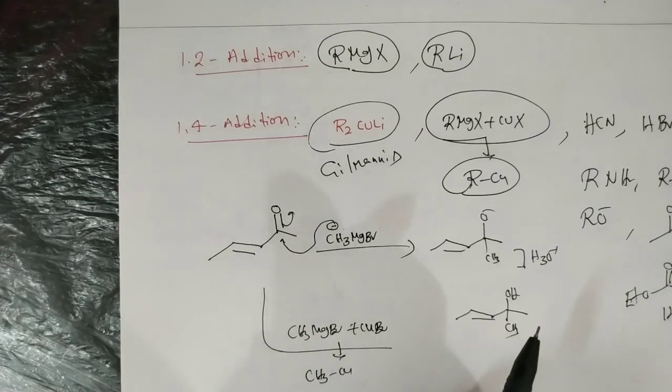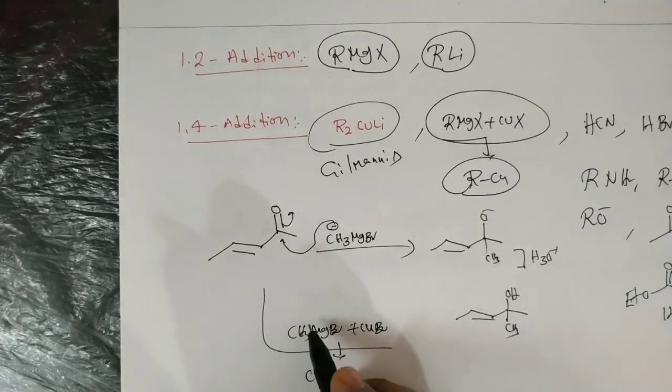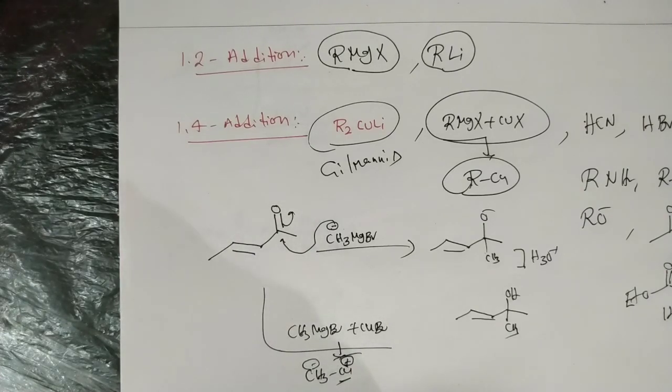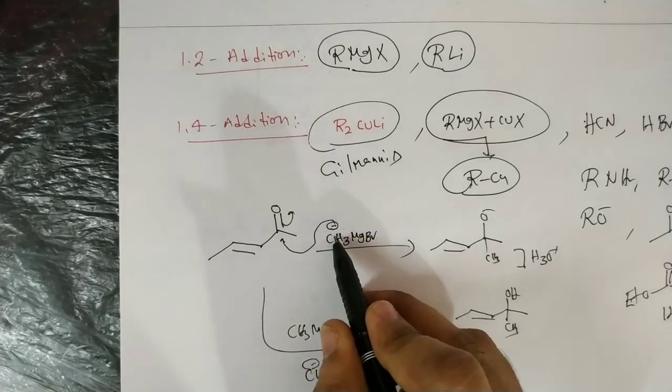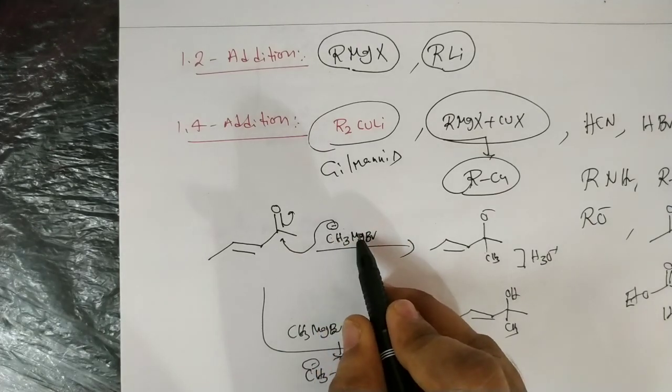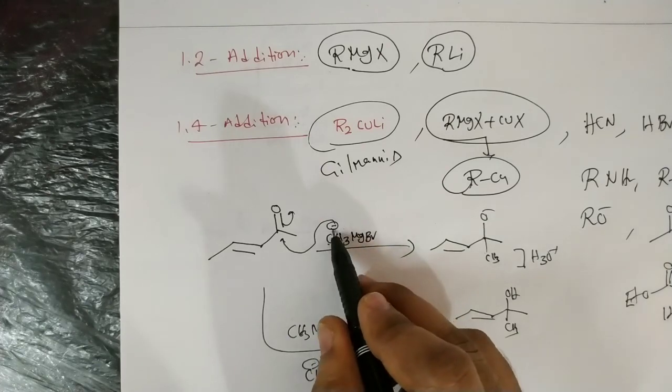Weak nucleophiles are involved in conjugate addition reactions, and strong nucleophiles are involved in 1,2 addition reactions. Here we have CH3 minus and copper positive charge. Copper is a less electropositive metal, so there is a smaller electronegativity difference, less negative charge on the carbon, so it is a weak nucleophile. But magnesium is more electropositive, so there is more negative charge on carbon and more positive charge on magnesium, so that is a strong nucleophile.